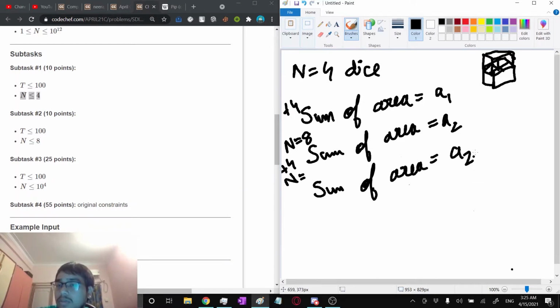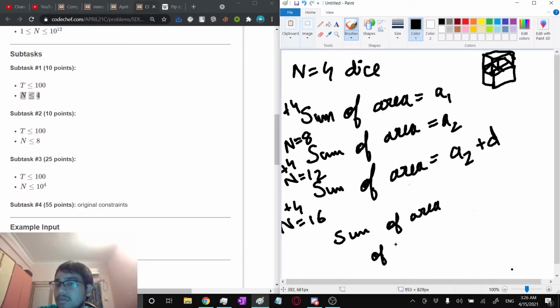This would be A2 plus D when we add 4 more dice, n equal to 12. Then if we add 4 more dice, n equal to 16, the sum of area of visible surface will be A2 plus 2D, and so on.